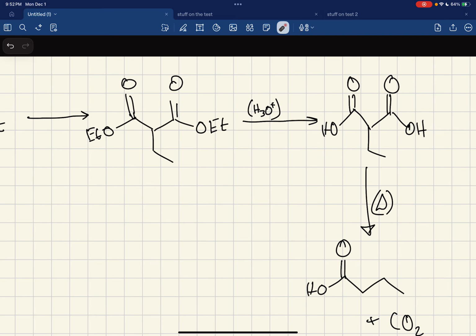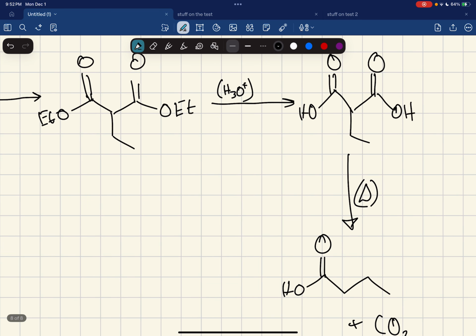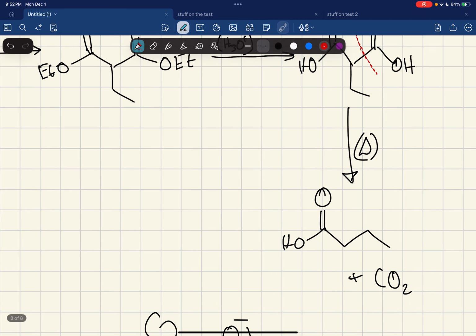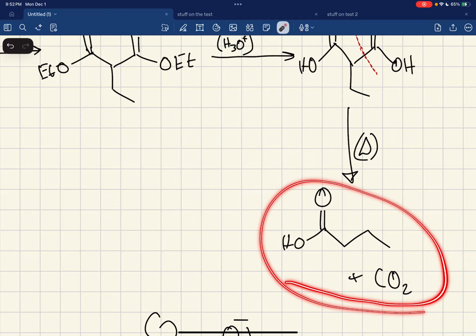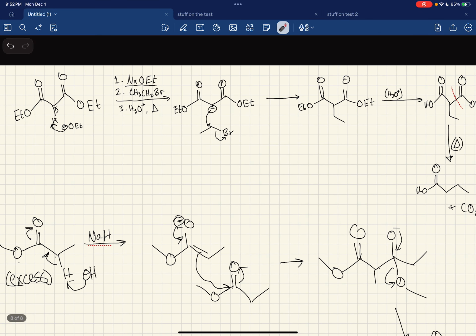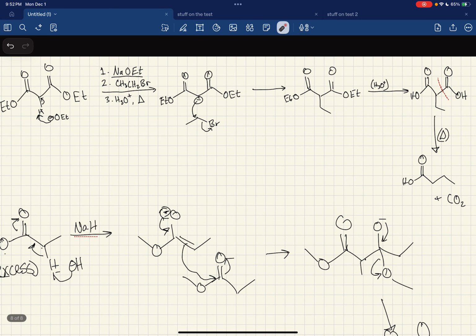So you have the acid catalyzed hydrolysis, and then through heat, you're going to break off that CO2, and it's going to form this. So that one is pretty complicated, but I trust that you guys have got that.